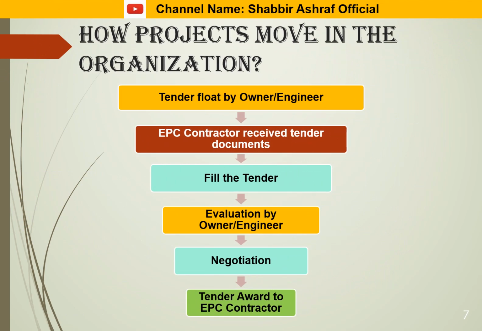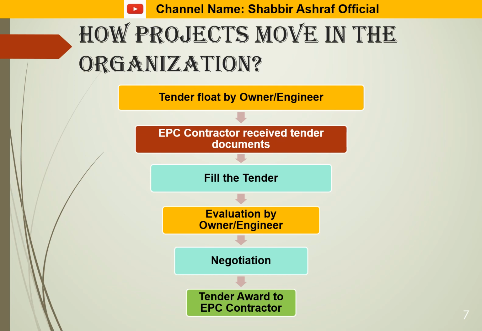Now, how does a project move in the organization? We can say in the world, we can say in the company. Tenders are floated by the owner engineer. Suppose the owner engineer has some requirement: he has to build a villa, build a building, or establish a manufacturing unit. So he will float the inquiry tender in the market.